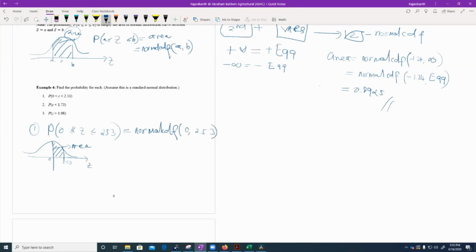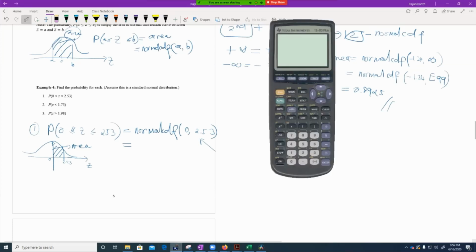Okay, remember, this function is valid for what? For standard normal random variable z. So if you have a standard normal random variable, then you can put in only two bounds. Now let us type these into your calculator and find the answer. So I'm going to get normal CDF.